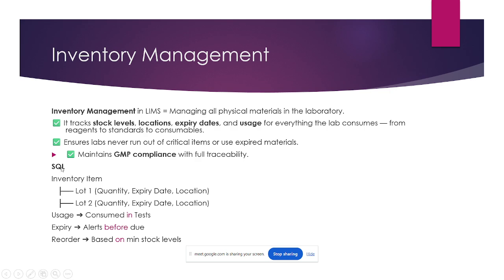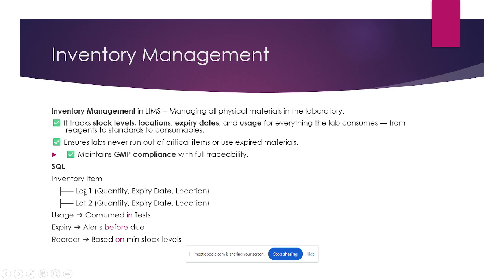Okay, like a simple SQL I'm telling. If you have 100 lots at a time and you have to check what the quantity is, what the expiry date is, and what the location is, you can run this SQL query on inventory item.